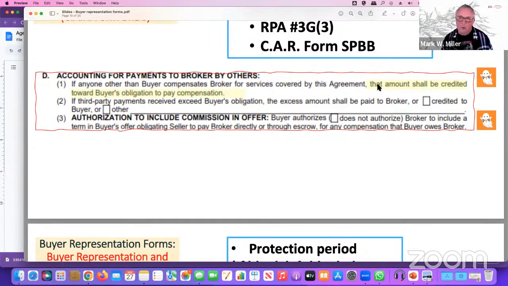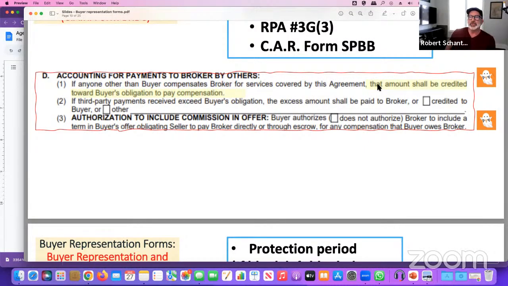Hey, Robert, let's role play that real quickly. So I'm the buyer and I see it's 3%. I agreed to 3% in that first section. But then in 3D, I know that you're going to have a cooperating broker. They might pay you something. Are you going to get paid 3% and the 2.5% that I see in the MLS?